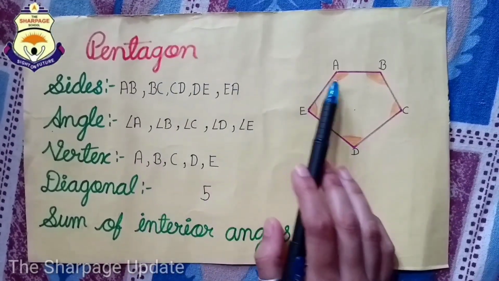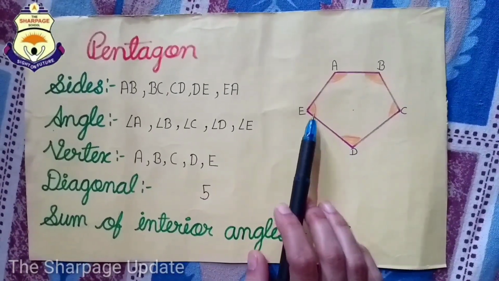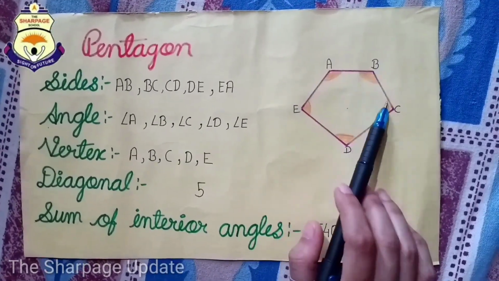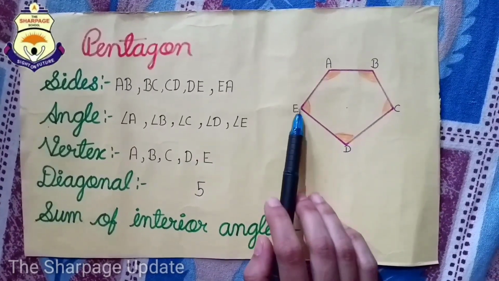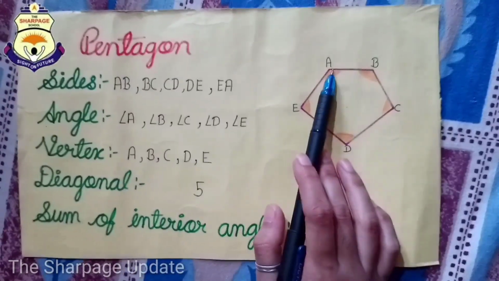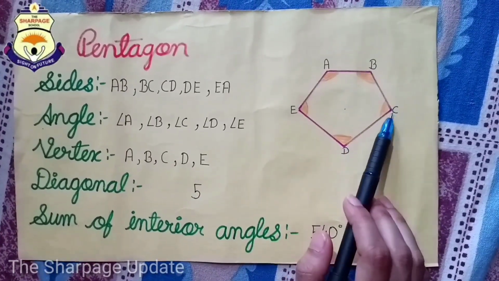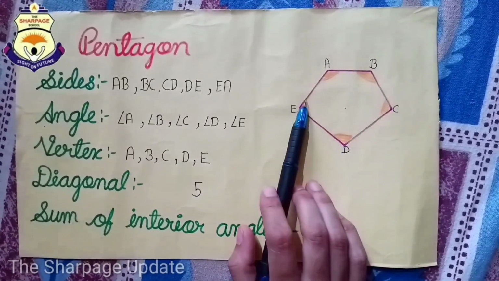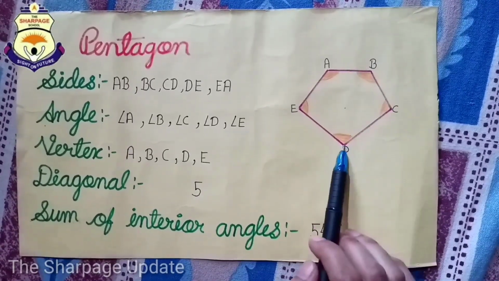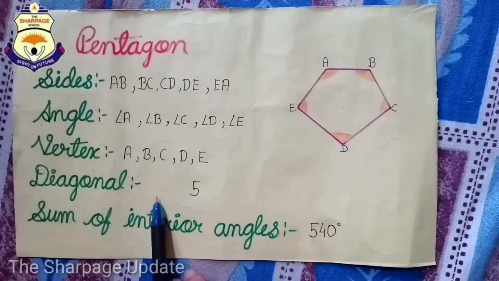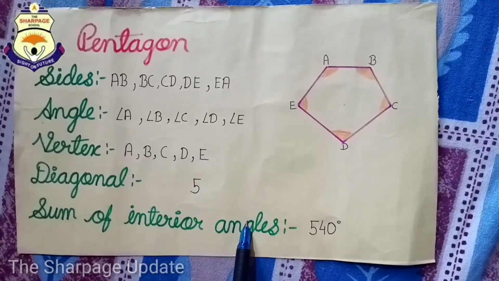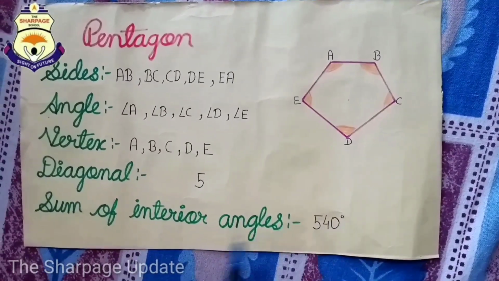This is a pentagon ABCDE, and in this pentagon sides are AB, BC, CD, DE and EA, and angles are angle A, angle B, angle C, angle D and angle E, and 5 vertices are A, B, C, D, E and diagonals are 5, and in this pentagon the sum of interior angles is 540 degrees.